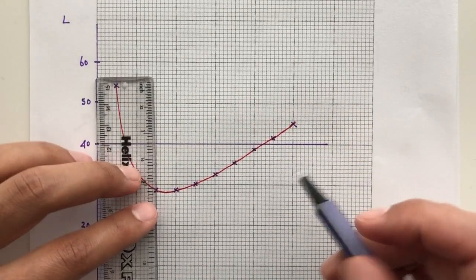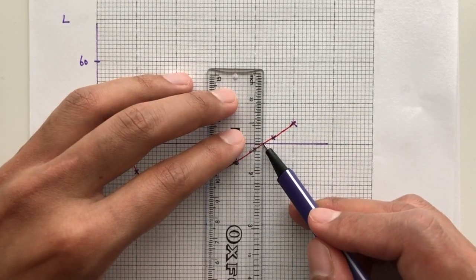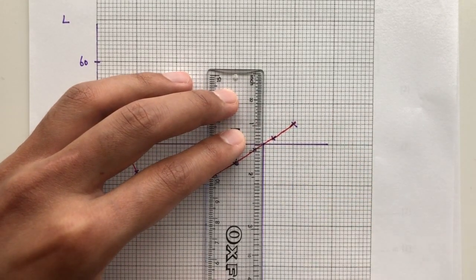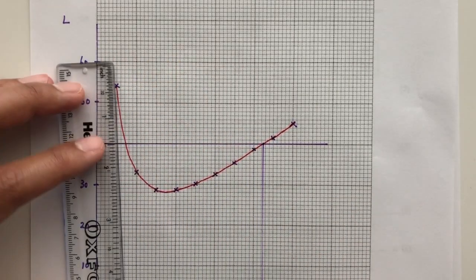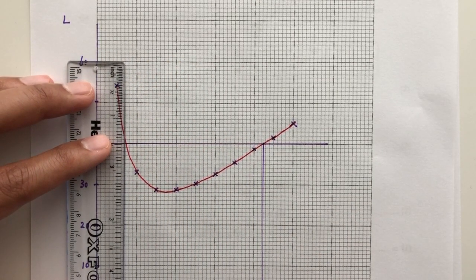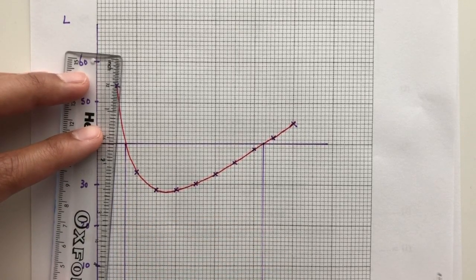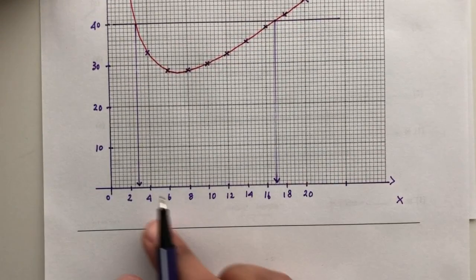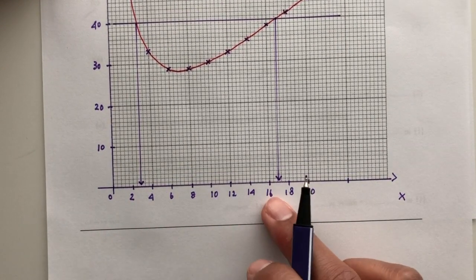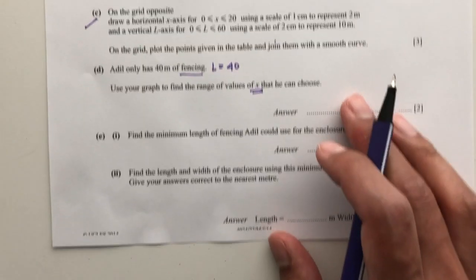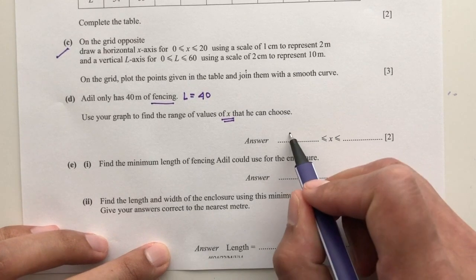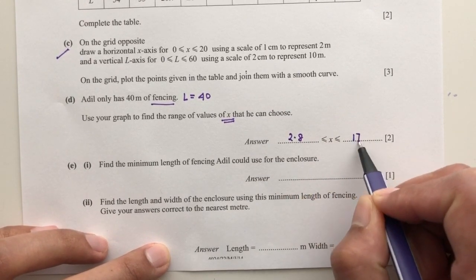This is the point of intersection here, and then we have one here as well. So the first one is 2.8 and this one is 17. So the two values for x will be 2.8 and 17.